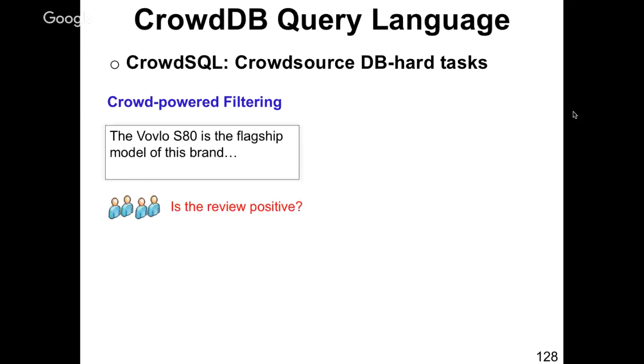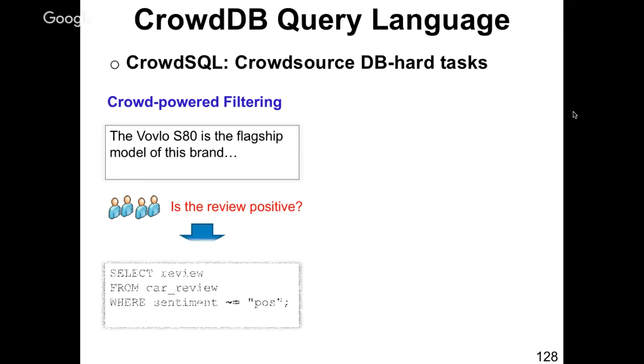For example, you want to identify the positive reviews, which means you need to involve a sentiment analysis component here, which could be easy for the crowd, but may not be very easy for machines. For this part, CrowdDB has introduced a new operator, CROWDEQUAL, which means this equality could be crowdsourced for filtering purposes.